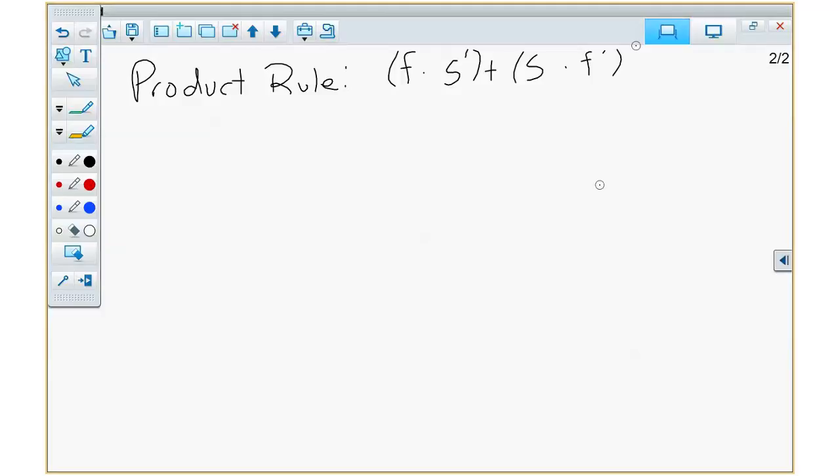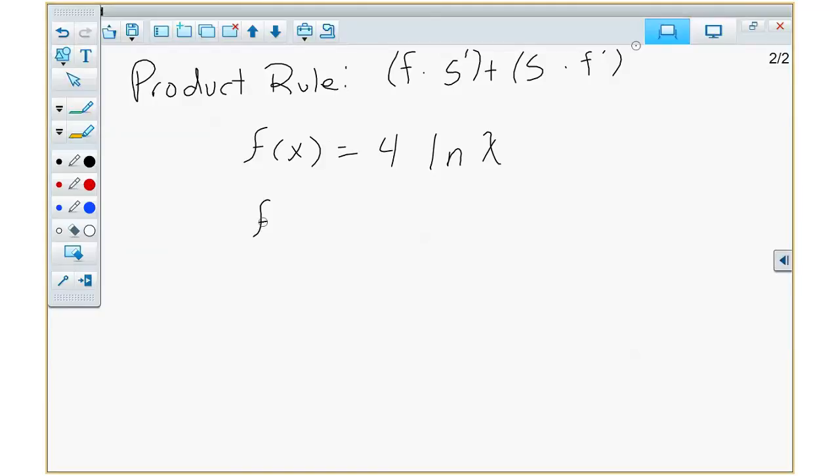So if I give you, let's just take the natural log of x. Let's say 4 times the natural log of x. Now there's two ways you can do this problem. One is to pull out the constant, and let's say f of x is equal to 4 natural log of x.